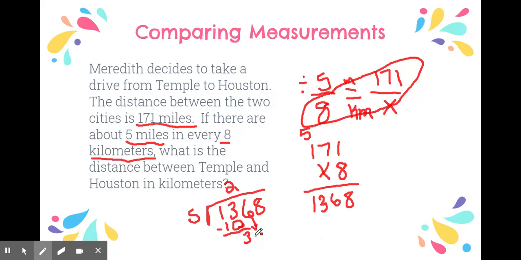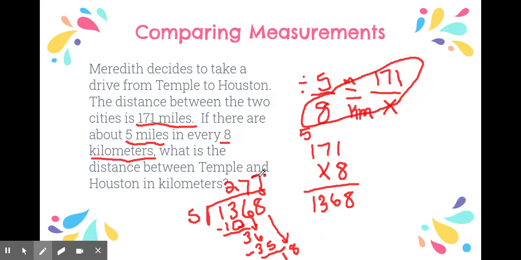Bring down my 6. 5 goes into 36 7 times, because 7 times 5 is 35. 36 minus 35 is 1. Bring down my 8. 5 goes into 18 3 times.